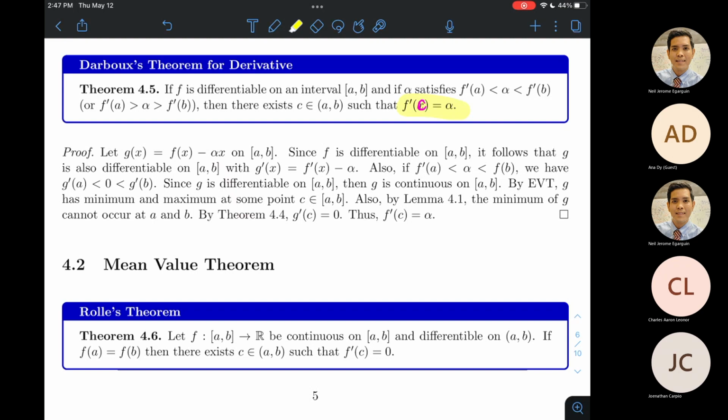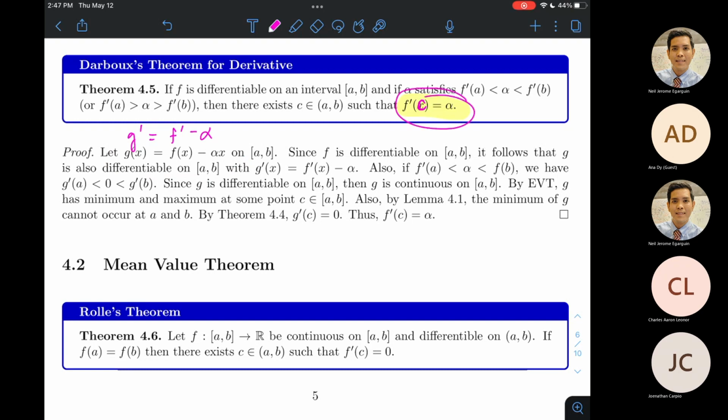So dapat yung derivative ay nagiging equal kay alpha sa isang number c dun sa open interval. Okay? So if you look at the function g, pag kinuha ko yung derivative niyan, magiging f prime, so g prime ay equals to f prime minus alpha. And remember, I want to find the c such that f prime of c is equal to alpha.